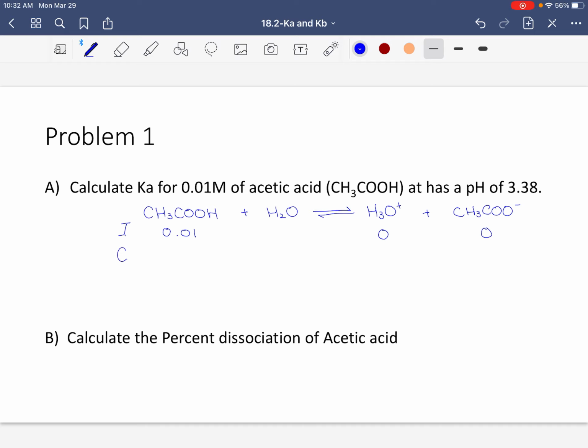And that is based on the molar value, the coefficient here. And the coefficient here is 1. So that's minus 1x. Okay? Every minus 1x here, you will gain a 1x and a 1x due to their coefficient being 1s.